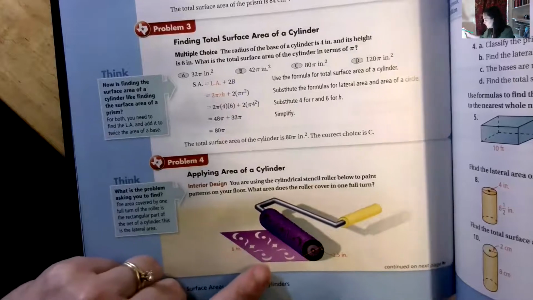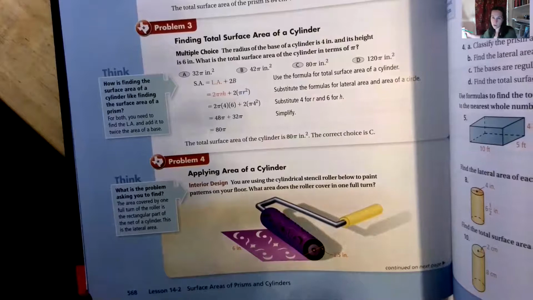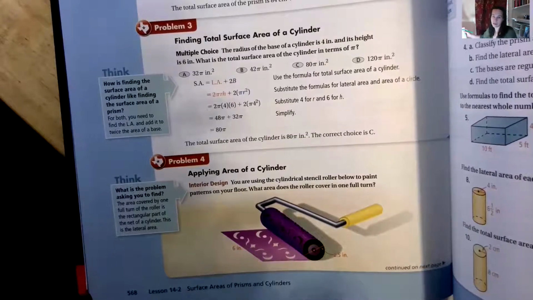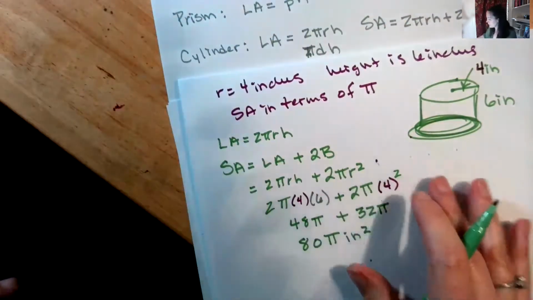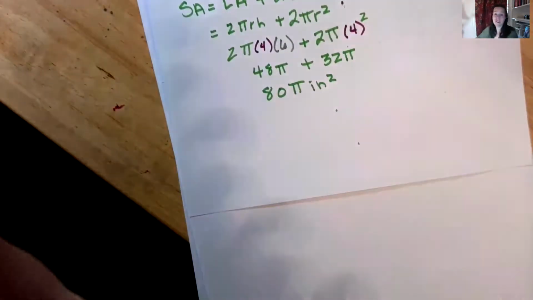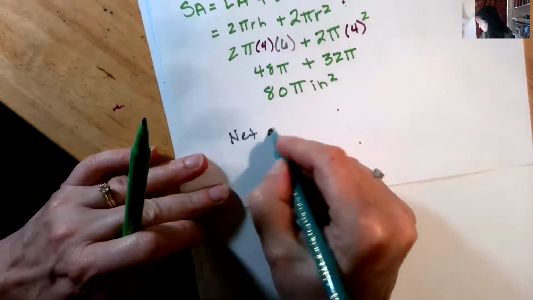So likewise, if you have a roller and you are using that to paint with, when your roller paint goes onto the wall, it makes a rectangle. So then, worth noting is, what does the net of a cylinder look like? What is the net of a cylinder?